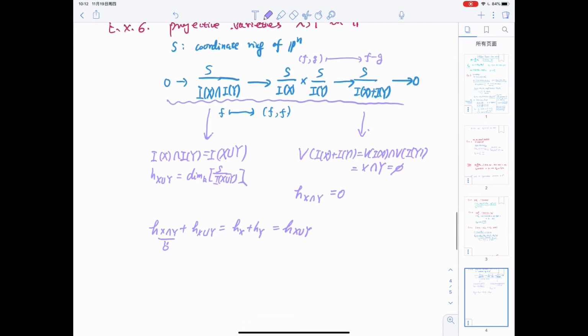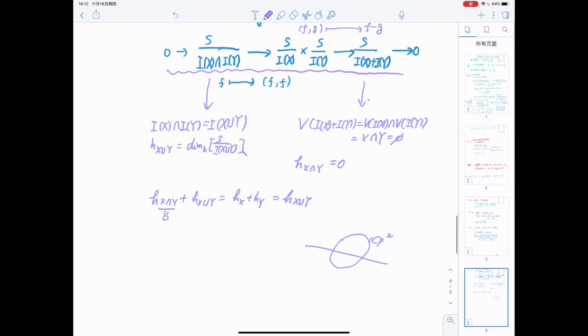Next, we use Hilbert polynomial to define the degree of a variety. A geometric way of defining the degree is to take the number of points of intersection of a general hyperplane with the curve. For example, a circle in CP2 should have degree 2 since it intersects with the general line at 2 points.